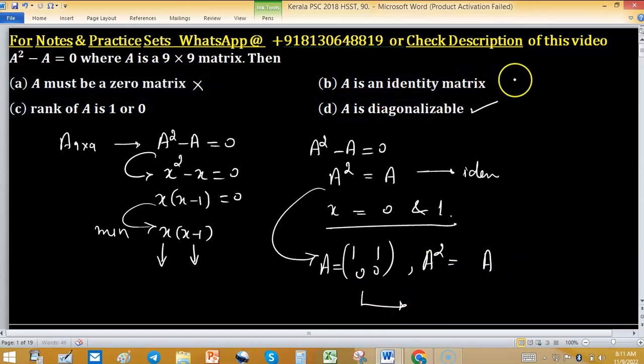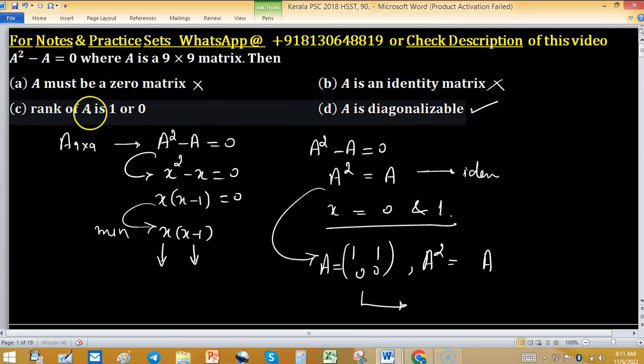A is an identity matrix. No, this is again wrong. Rank of A is either 1 or 0.